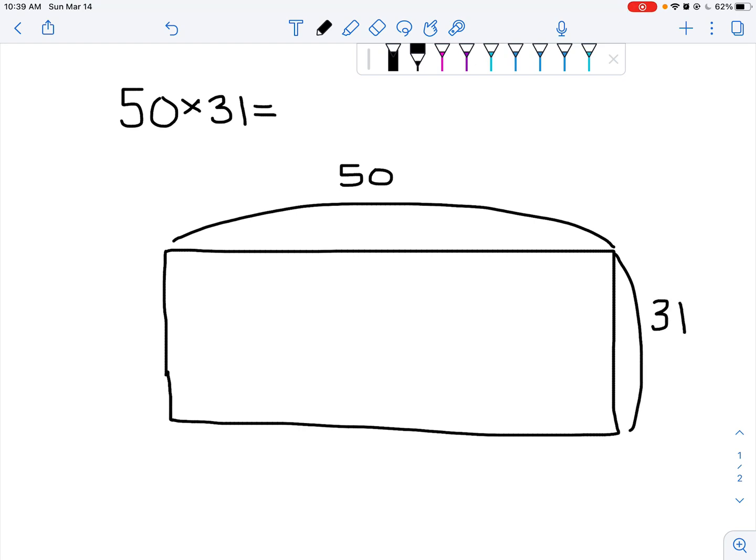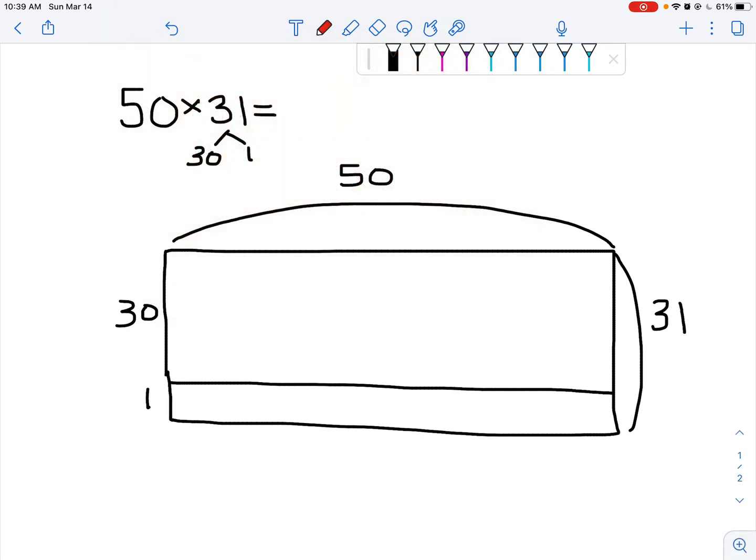And I'm going to break up my 31. I think that's easier than breaking up 50 because I'm not comfortable doing like 20 times 31. I mean, I could, but I don't want to count by 31 20 times. So I'm going to break up my 31. I'm going to break it up into a 30 and a 1 because I think that's the easiest way to go about it, right? So I'm breaking this into a 30 and a 1.